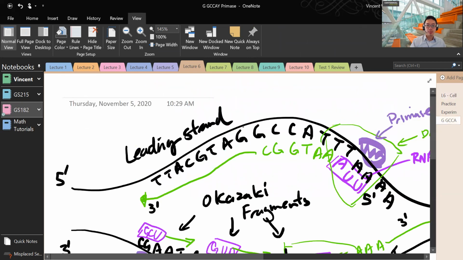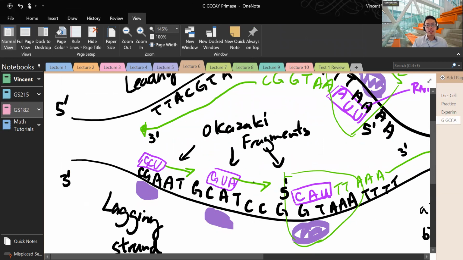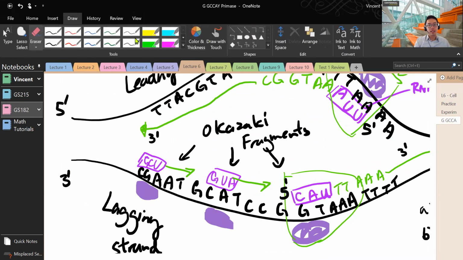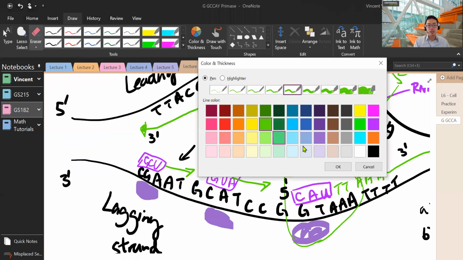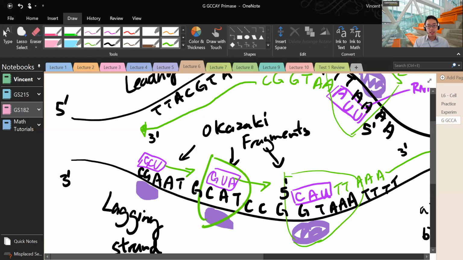Okay, so let's take a look at this picture again. Right, eventually there's going to be a DNA polymerase 3 here as well, right? I did not draw it, but it's going to be here, and it's going to keep on growing. So A, G, G, C, and eventually it's going to reach the RNA primer that was laid before, right? And at that point, when you reach the RNA primer, the DNA polymerase 3 will now fall off, okay?